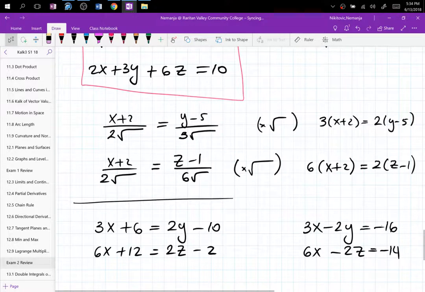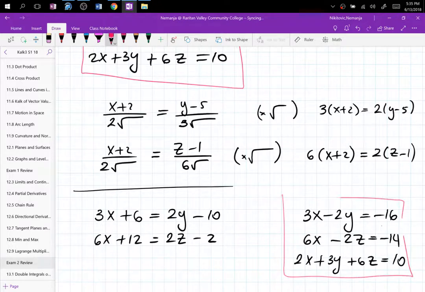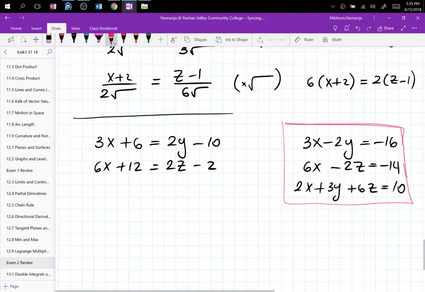And now I have a third equation, which is 2x plus 3y plus 6z is equal to 10. So this is the system that I can actually solve.